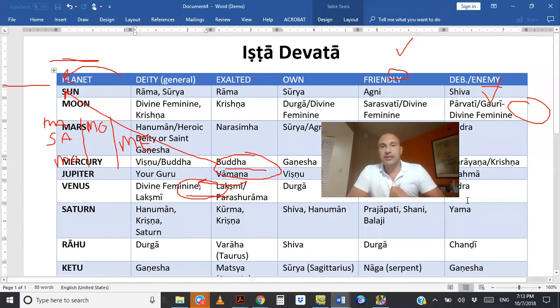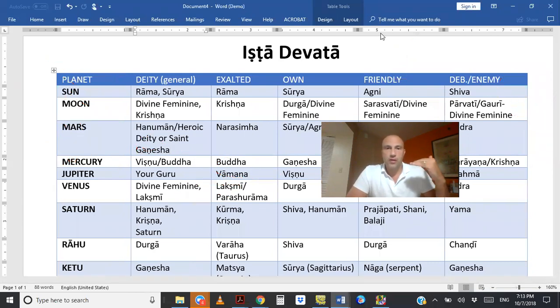Honestly, it's not for us as Jyotishis to say, this absolutely is it, and you're done. Over the course of your life, you may go through different steps, and you may worship or have a connection with one form of the divine when you're a teenager, and then when you're 30, it changes to something else. When you need to make money, you connect with an aspect of the divine that is prosperity friendly, and so on.